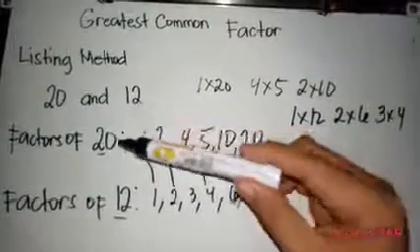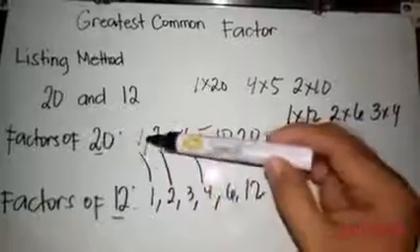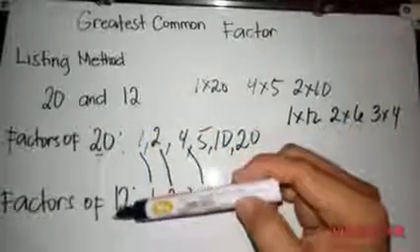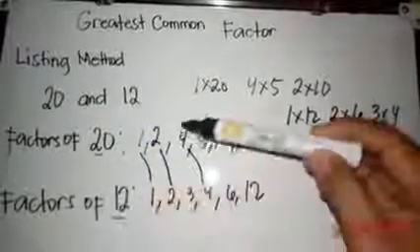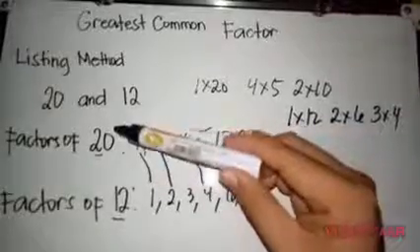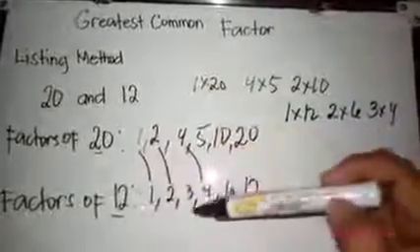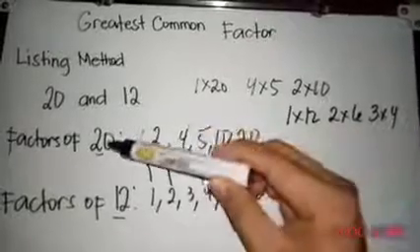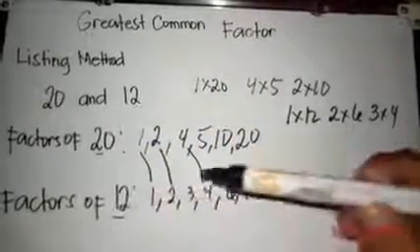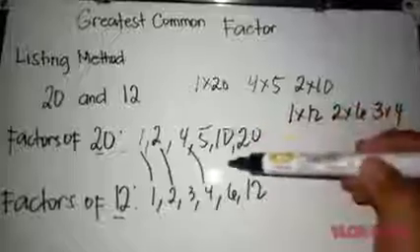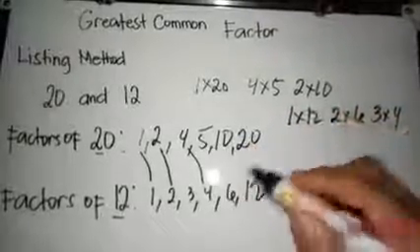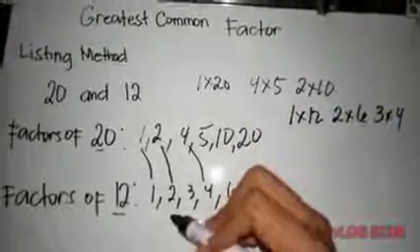As you can see, 1 is a factor of 20 and at the same time a factor of 12, 2 is a factor of 12 and 20, 4 is a factor of 20 and 12, 5 is a factor of 20 but not a factor of 12. That's why it does not belong to the common factors.